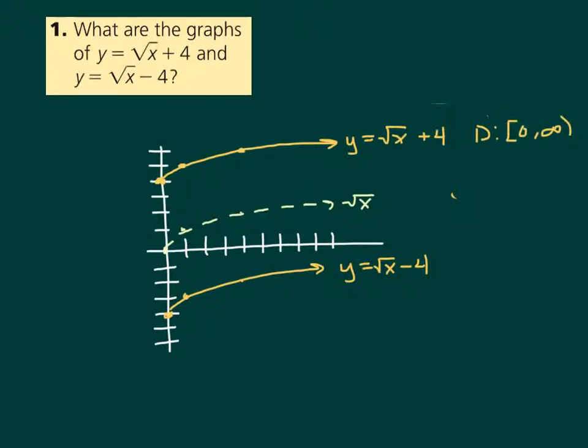There was no horizontal shift, so my domain should not be affected. My range now, though, since I've moved up 4, my range is 4 to infinity. Down here for minus 4, the domain is still 0 to infinity. The range, however, now is negative 4 to infinity.